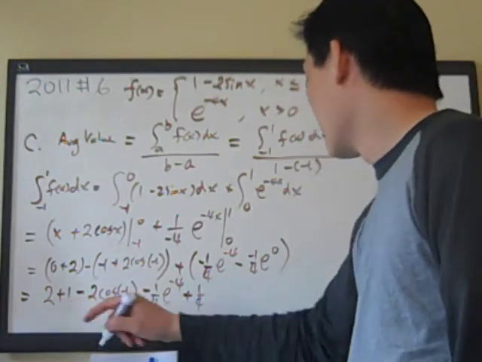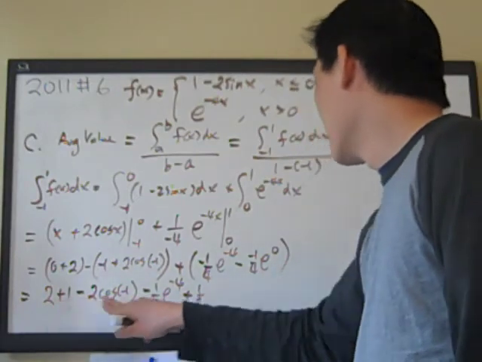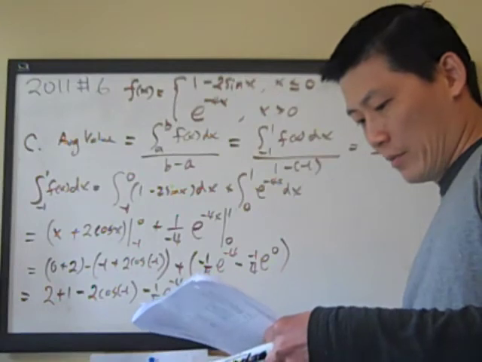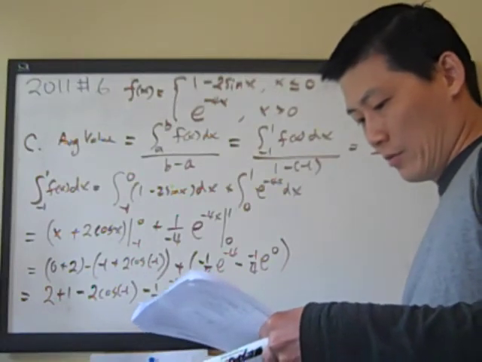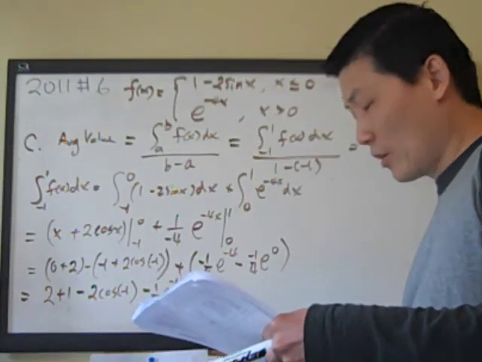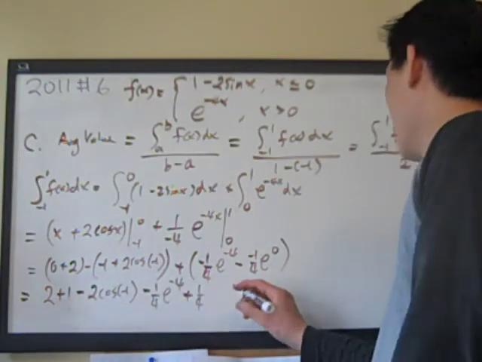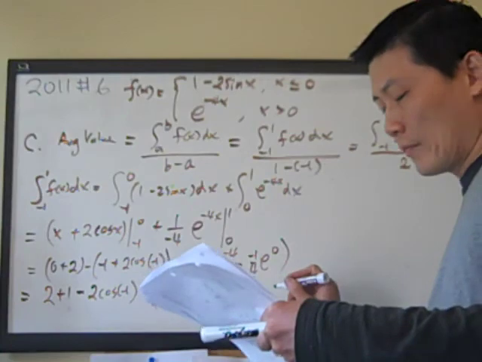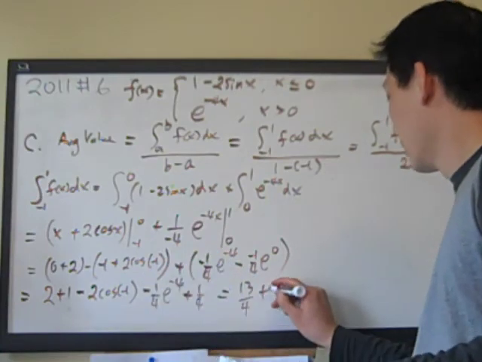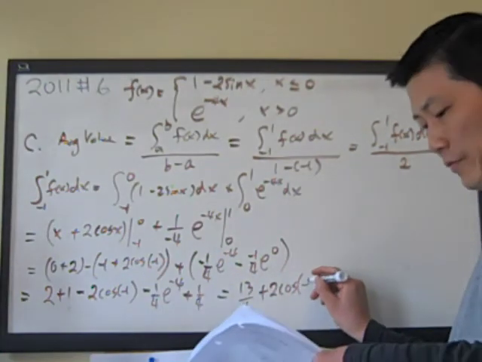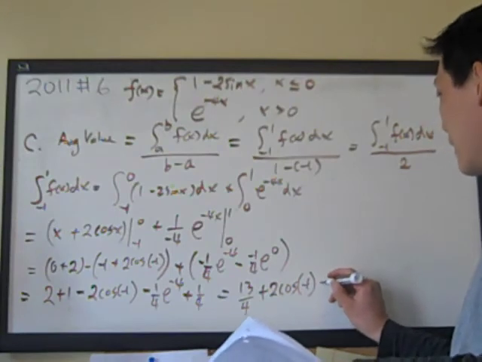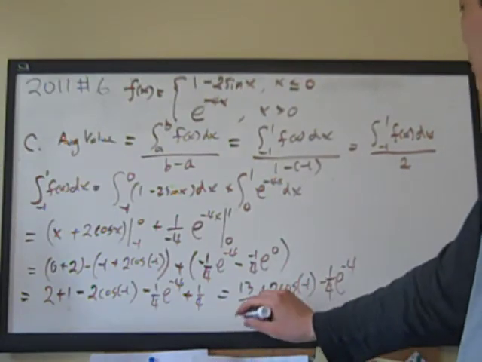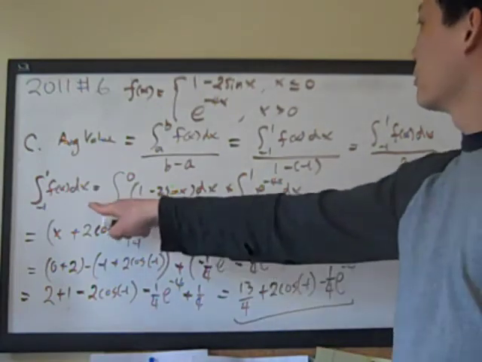So this will be 3. So we got 3 plus 1/4, which gives you 13/4, plus 2 cosine of -1 minus 1/4 e to the -4. So this is what we have for the integral.